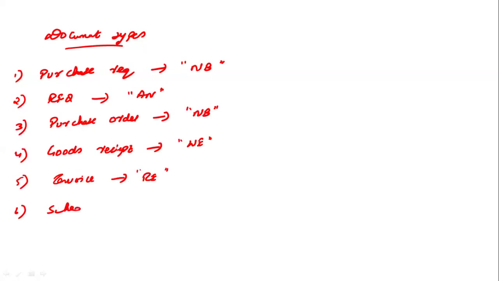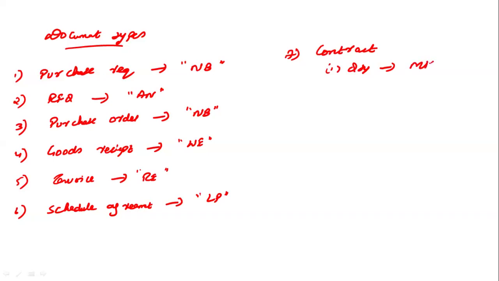For schedule agreement, it is LP. For contract, we have two types of contract. One is quantity contract. For quantity contract, it is MK. And for value contract, it is WK.